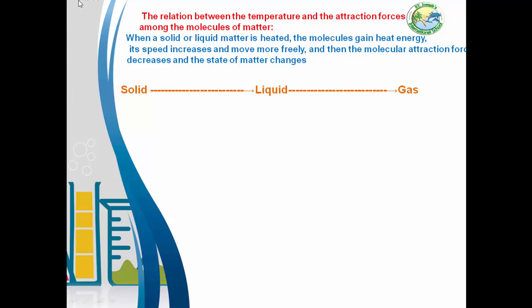Solids by heating can change into liquid, and this process is called melting. Liquids by heating can change into gas, and this process is called vaporization. Melting is a change of matter from solid state into liquid state. Vaporization is a change of matter from liquid state into gaseous state.